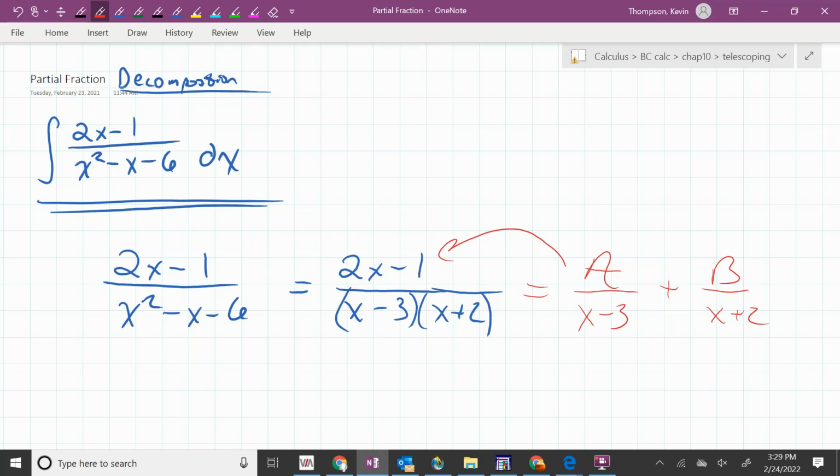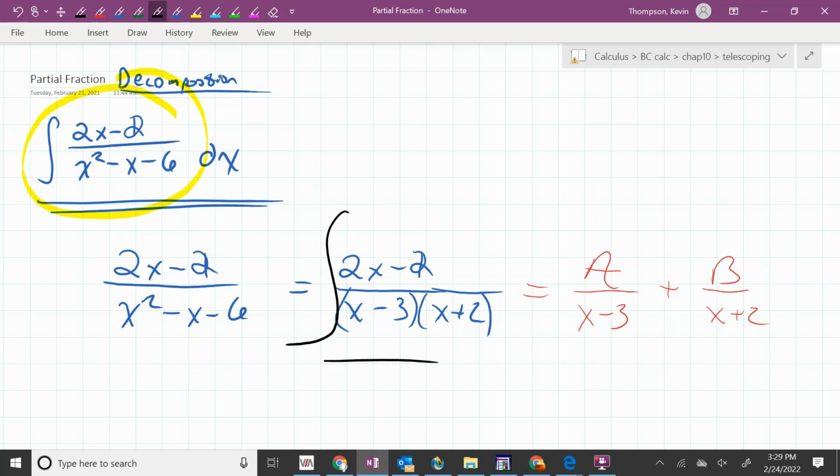Now, here is why we want to do this. Like I said, this question itself is not too difficult. I could put a 2 here and it doesn't change any of this work. But if I'm struggling with this integral and I don't know what to do with it, well, isn't the integral I'm struggling with the same as both of those integrals, if I can find the right a and b?